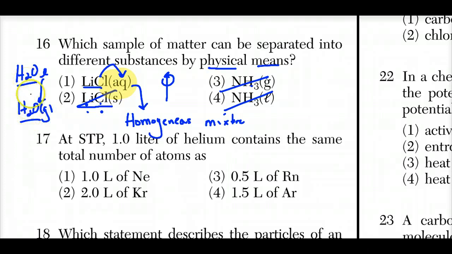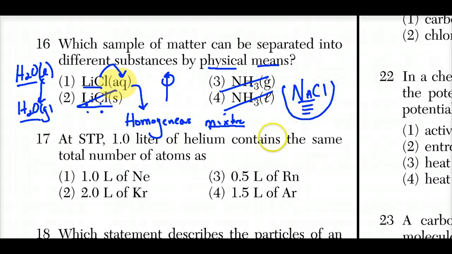The chemical formula doesn't change. All the phase changes are physical. So we can separate mixtures, and we did. We took a sodium chloride mixture, we put it in an evaporating dish, and we boiled off the water and measured the dry compound. So choice 1 is the answer.